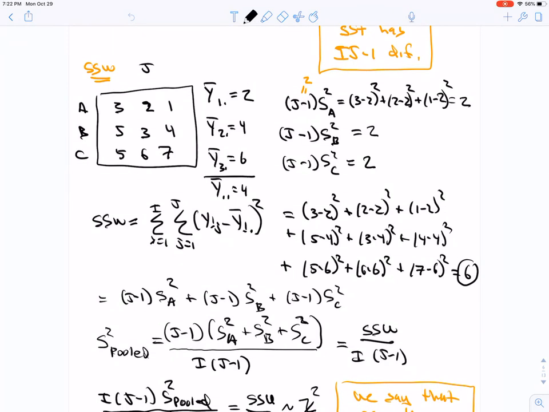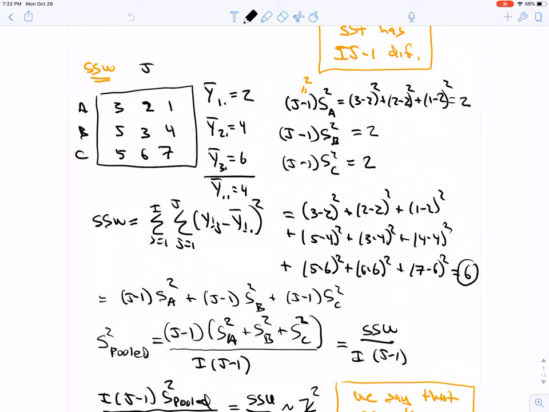So here, I find the group sample variances. I denote those as S squared A, S squared B, S squared C. And so J minus 1 times that is just the sum of squares along each of the rows.